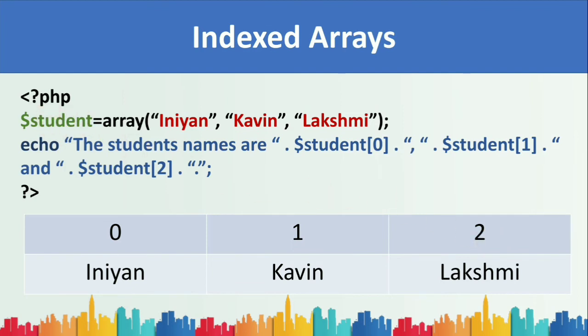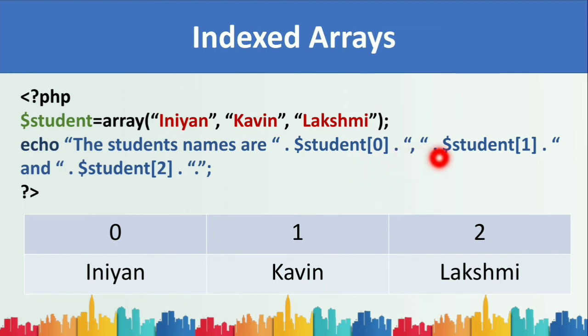Now look at the echo statement. I have told you many times, whatever comes inside double quotes you should write as it is. The students' names are, and this is the dot operator. In this place you have to select the 0th index value of the variable student. Inian is stored in the 0th index, so in this place you should write the name Inian.